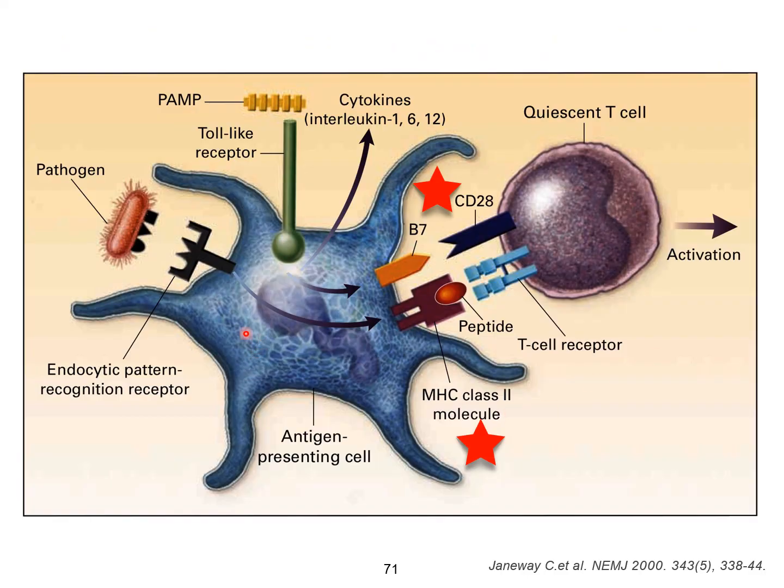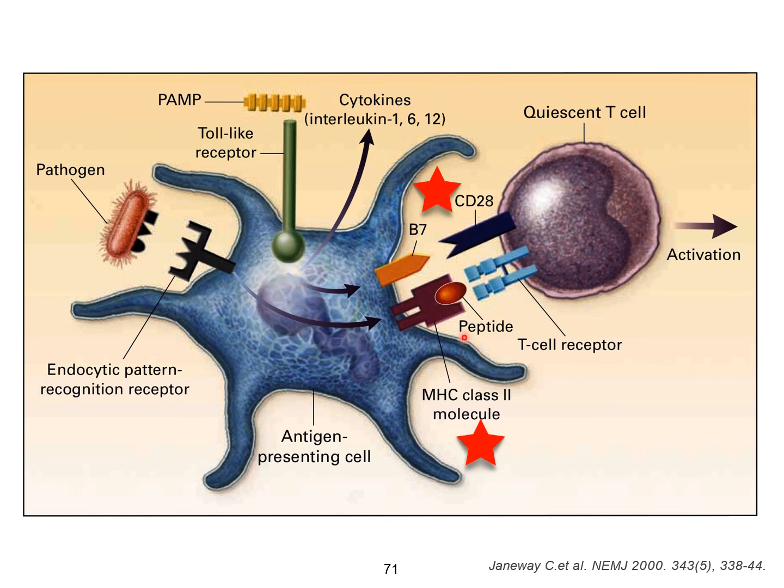This picture again shows the pathogen, having pathogen-associated molecular patterns recognized by toll-like receptors. These are the pattern recognition receptors, and then these are the T cell receptors. Here this is the adaptive response. This shows the receptors on the T cell and the receptors on the host cell.